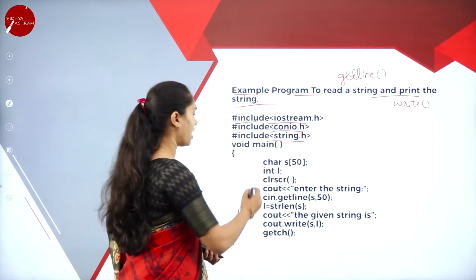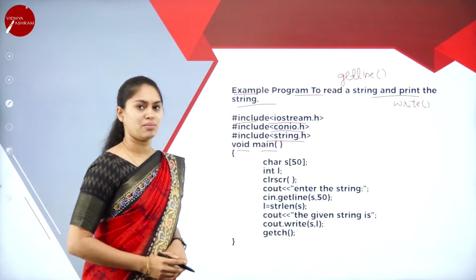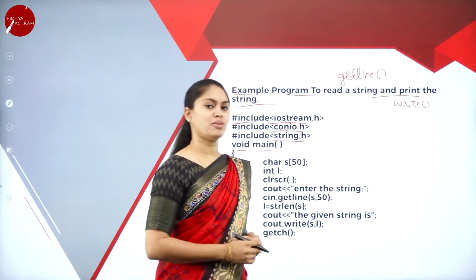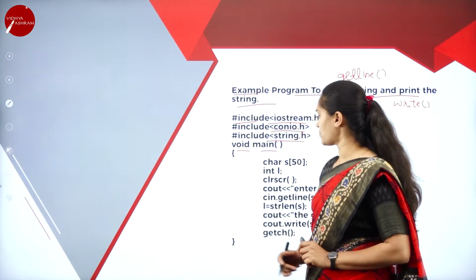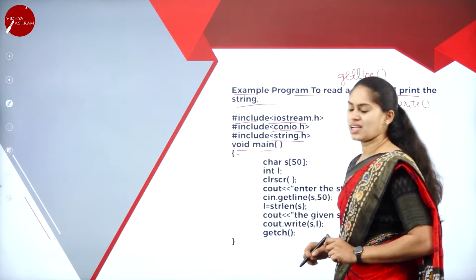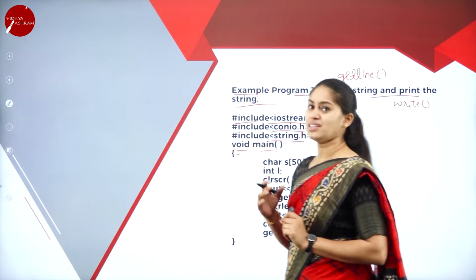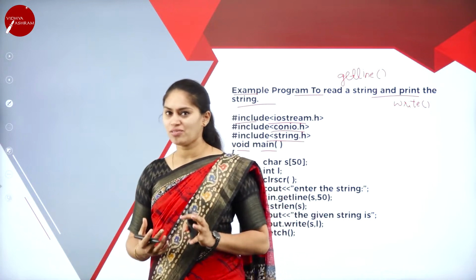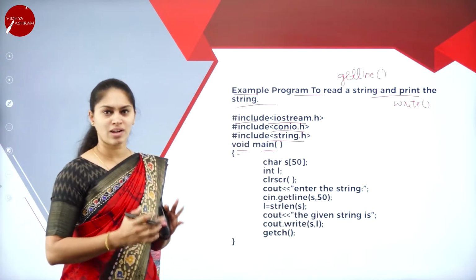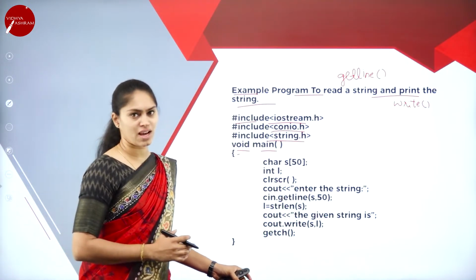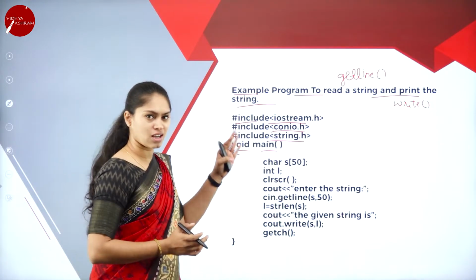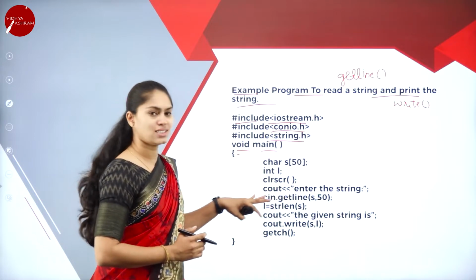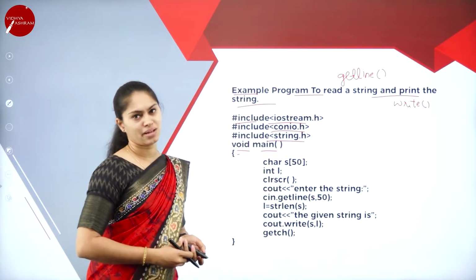Next we have the main function, that is void main, where the actual execution of the program gets started. This opening of a flower brace indicates the opening of the scope of the main function. Whatever we write between this opening and closing of the flower braces will be grouped together, and all these statements belong to this main function.